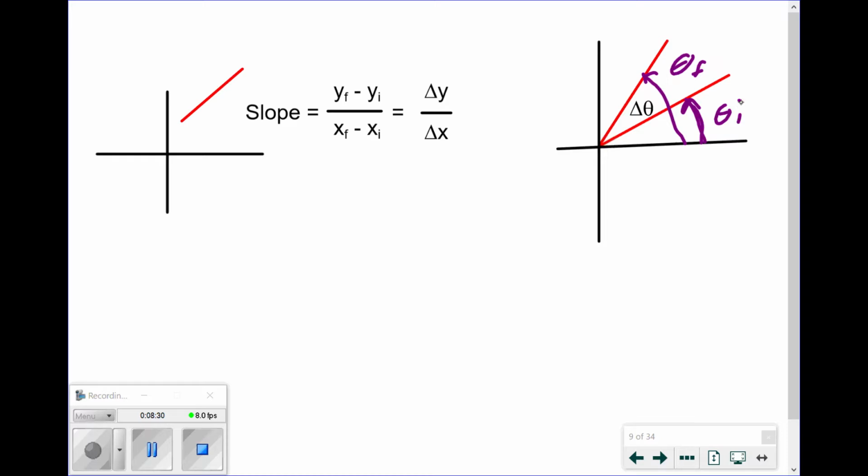So this would be my final, this would be my initial, making this specific angle that we see right here the change in that angle, which is why you see a delta symbol on there. We will see this delta with the angles constantly because we're always looking at how something rotates or moves from one place to the other. So to indicate that there's a change in an angle rather than a set value, you'll always see that triangle there.